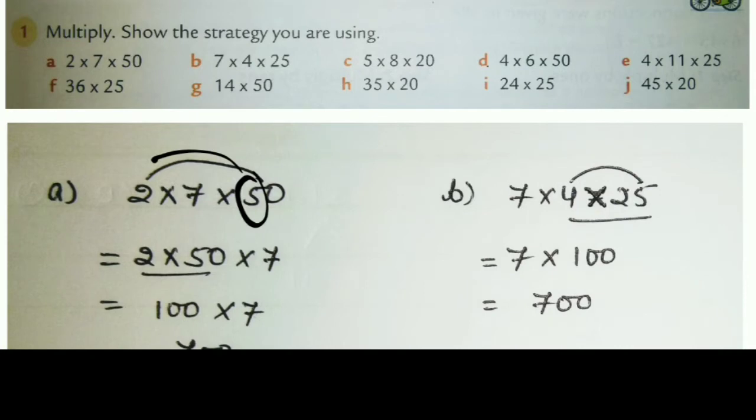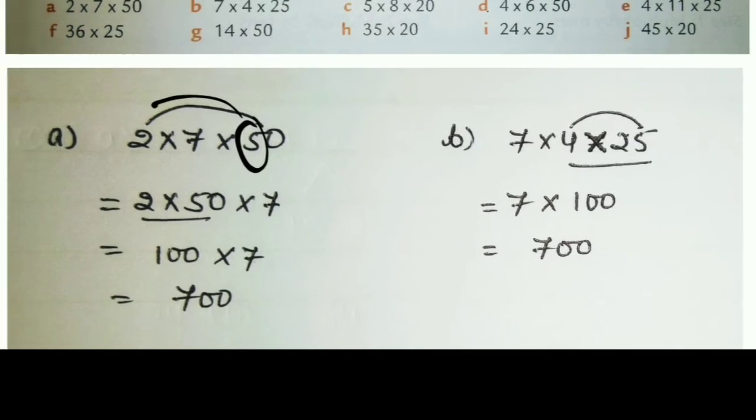Here we always have to make 100, 1000 like this. So we choose that number, we will get 100. So 50 into 2 is 100, multiplied by 7 is 700. Same here, 25 multiplied by 4, we get 100, multiplied by 7 is 700.